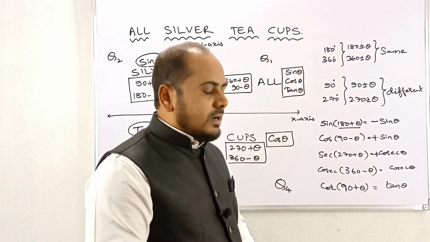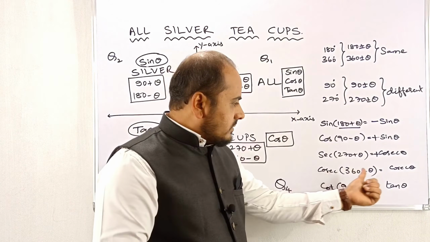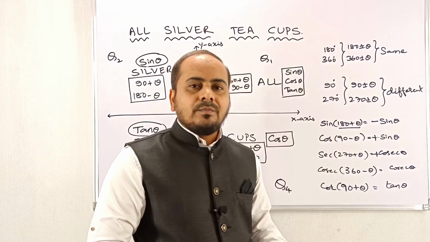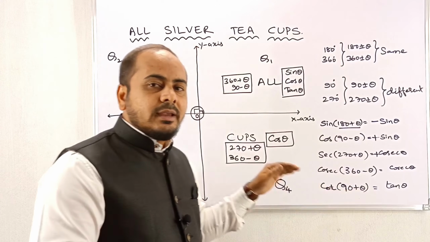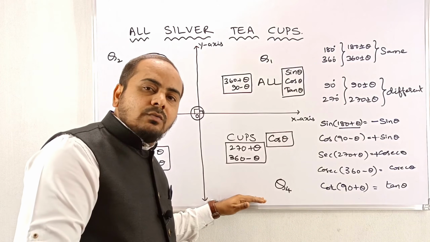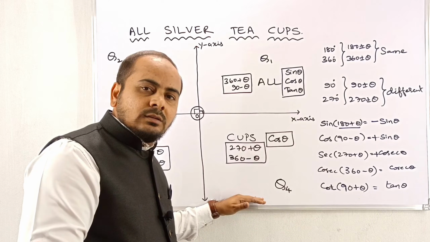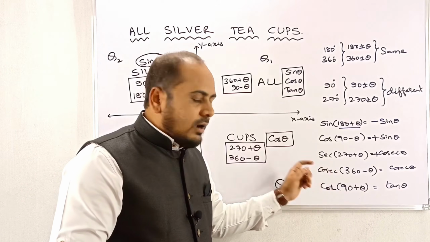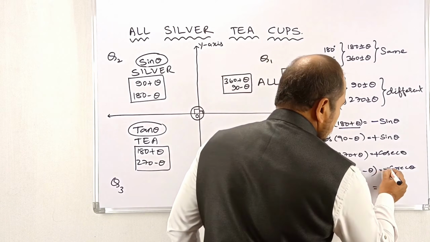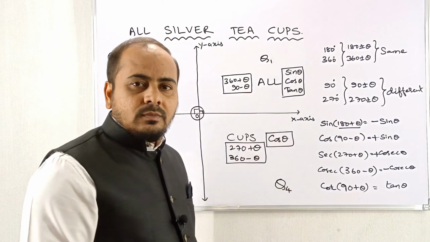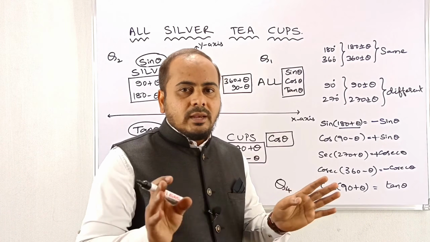Next, come to the 360. Cosec 360 minus theta, same ratio. Now 360 minus theta comes in the fourth quadrant. Then All Silver Tea Cups: cos is positive, cosec is negative. Minus. That's it. Nothing else to do.